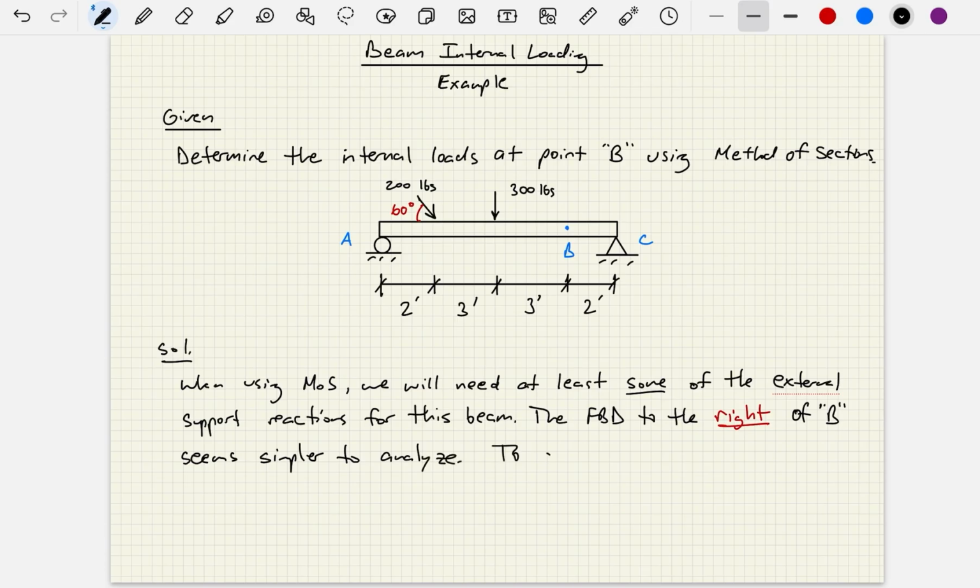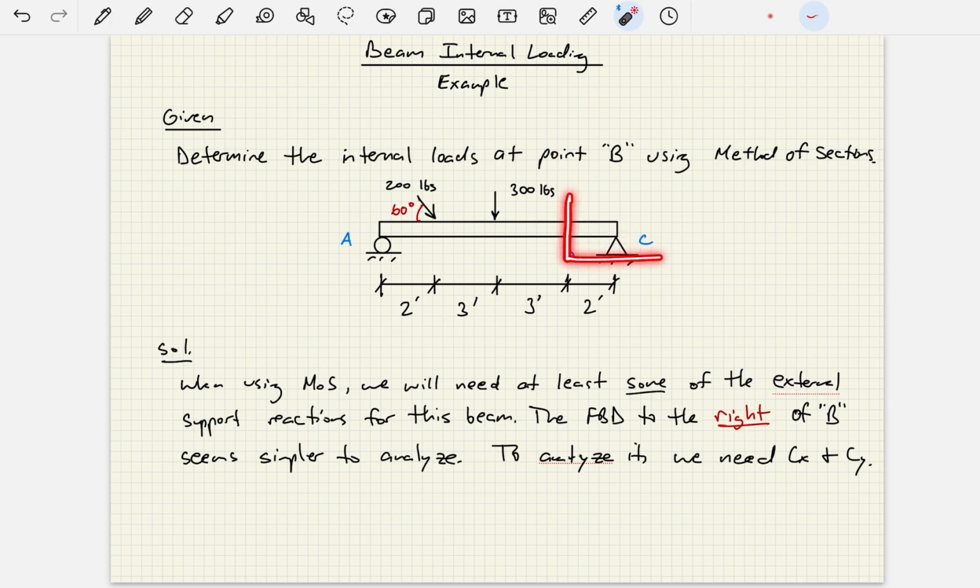Then we're going to say to analyze it, we need CX and CY. Okay, so ultimately that's what we're going to need. We're going to need to get the external reactions at point C if we want to use this right free body diagram to analyze the internal loads at point B.